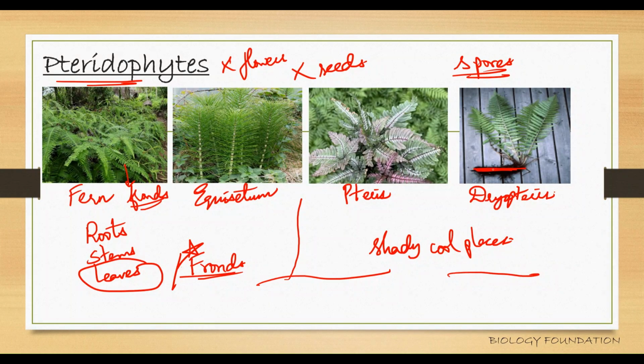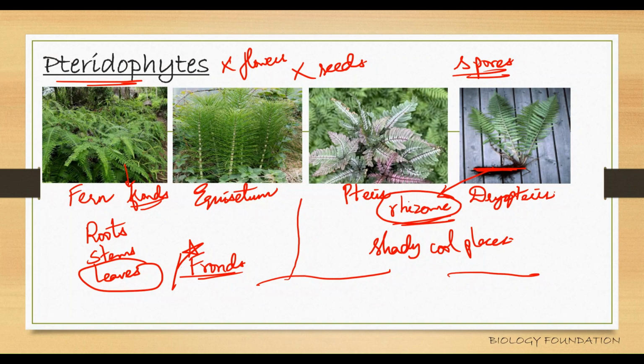The underground stem is called a rhizome. Rhizoids are different: rhizoids are root-like structures in bryophytes, but a rhizome is an underground stem seen in pteridophytes.